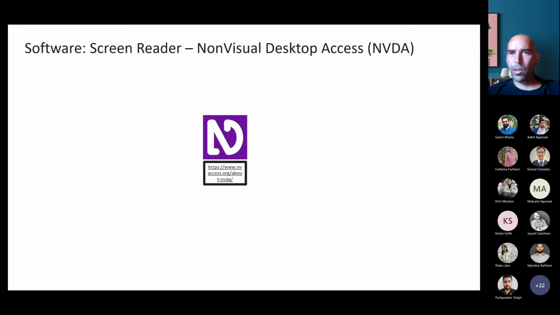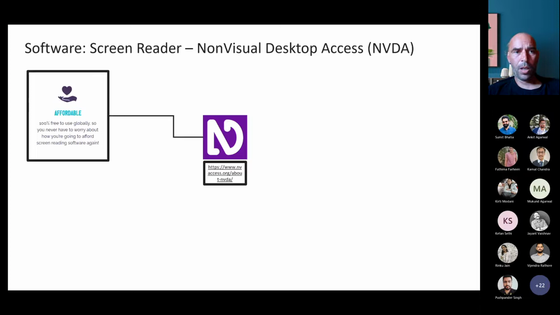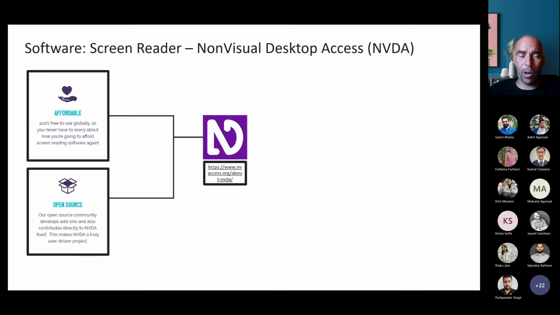Non-visual desktop access is one of the most common software which blind people are using. It's affordable. It's 100% free, so you can download it, use it, and make it better, because it's open source. It's driven by their own community.